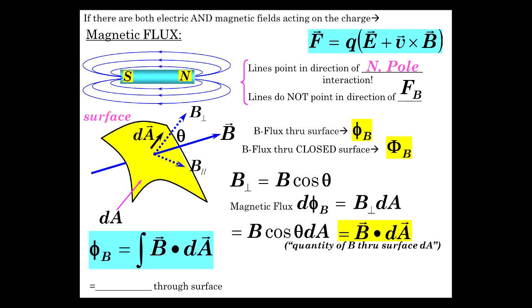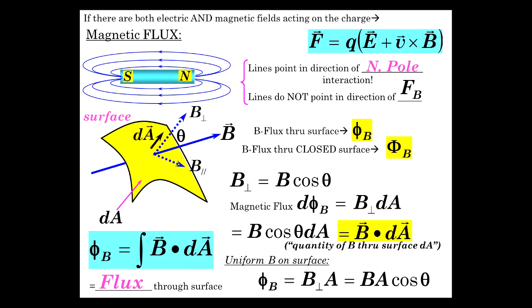So the flux through the surface is integral of B dot dA. If the B field is uniform on the surface, then we can just summarize the magnetic flux as B perpendicular A, which is BA cosine of theta.